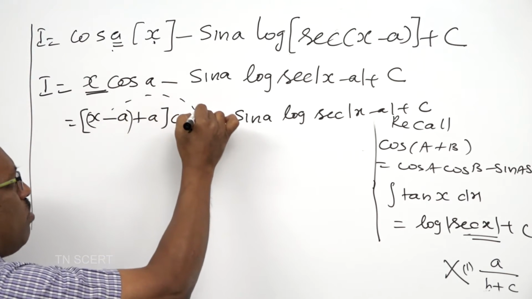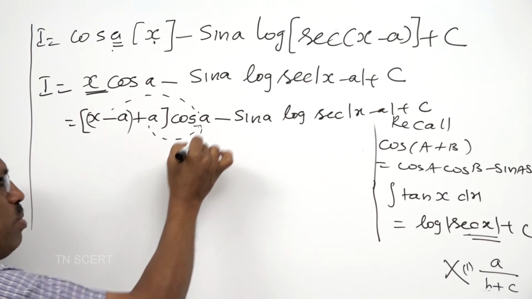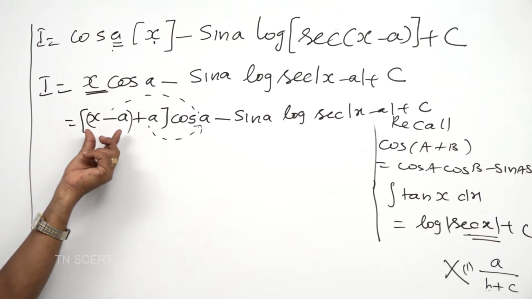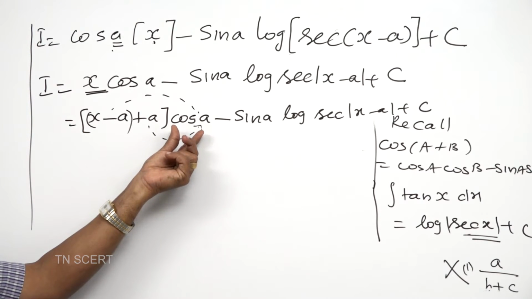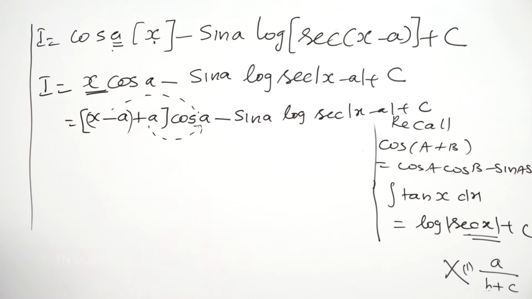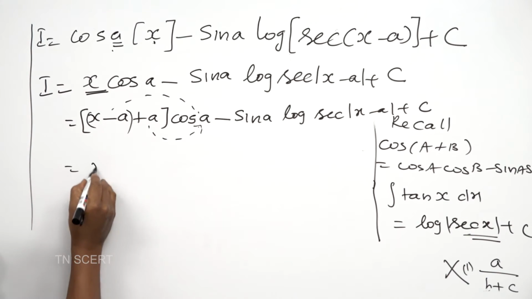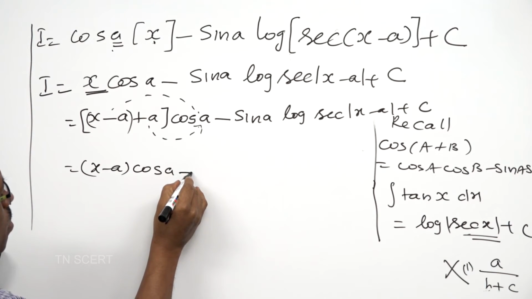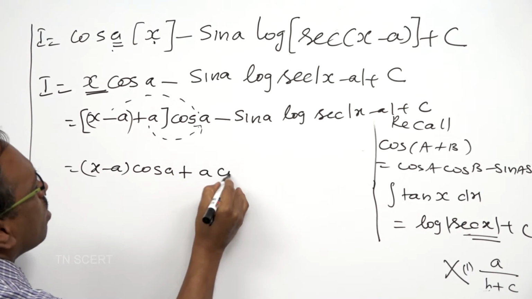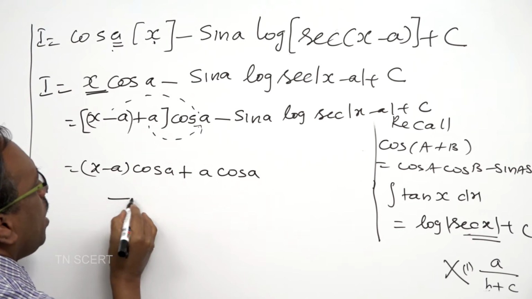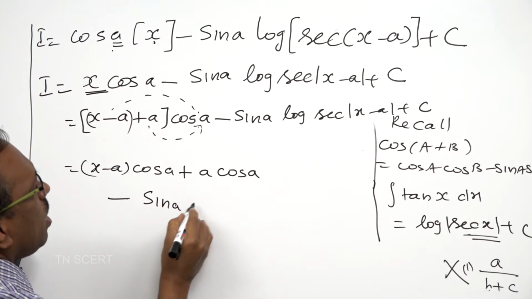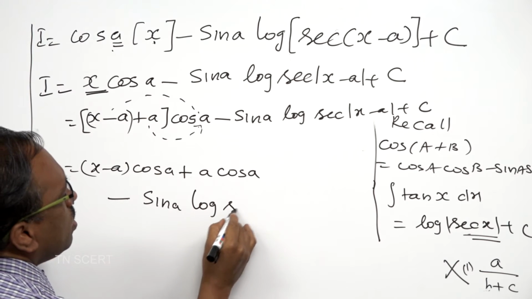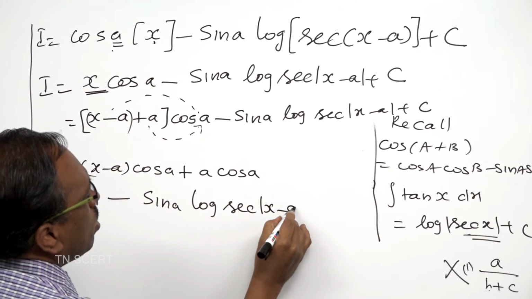So, this we can multiply. By way of multiplying (x minus a) cos a, as given in the book, we have (x minus a) cos a, then plus a cos a minus sin a log of secant of modulus of (x minus a) plus c.